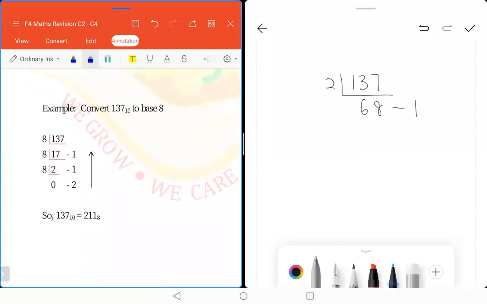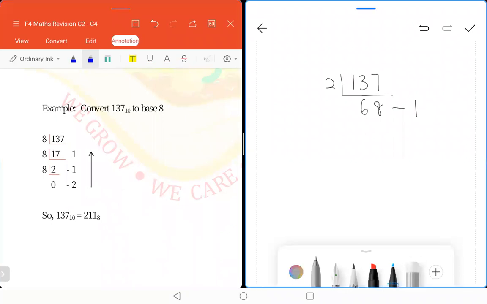Okay, what about this one? Convert 137 in base 10 to base 8. Similar. So now you divide by 8. 1 times 8 is 8, 2 times 8 is 16. So over already 1, balance is 5. 57 divided by 8 will be 7, 56, remainder 1.